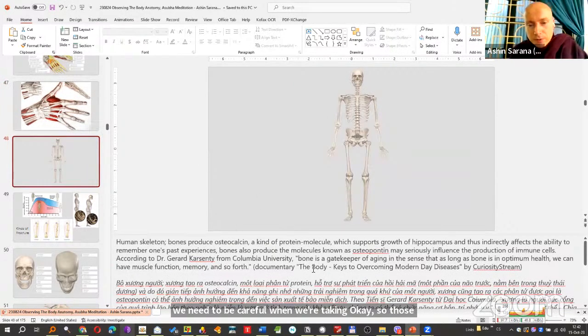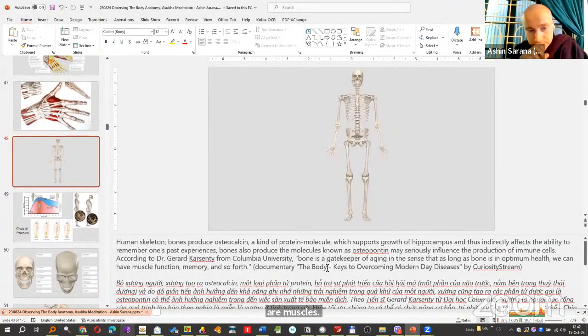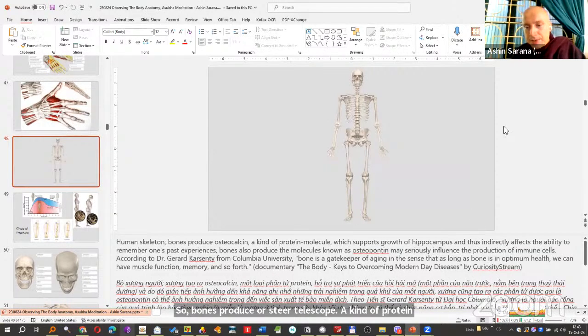Now let's move on to bones. So bones produce osteocalcin, a kind of protein molecule which supports growth of hippocampus and thus indirectly affects the ability to remember one's past experiences.